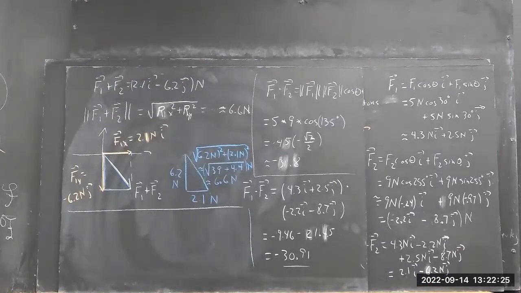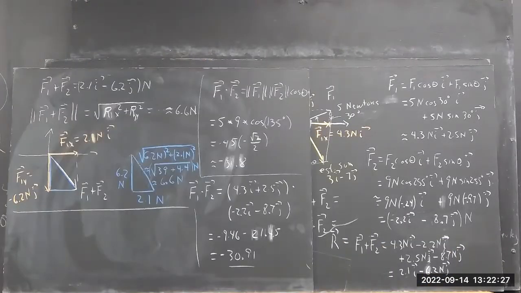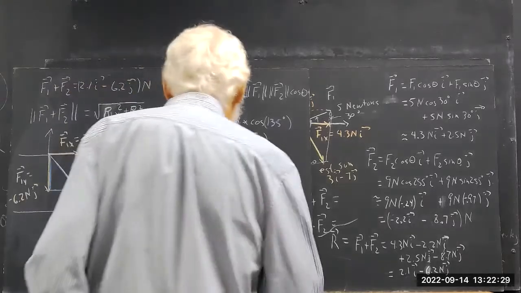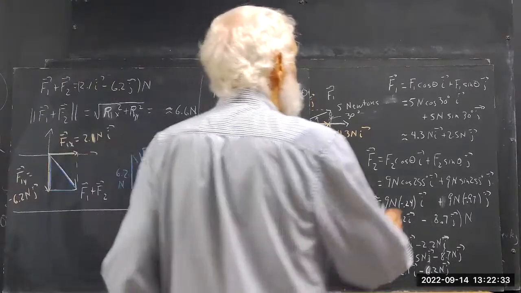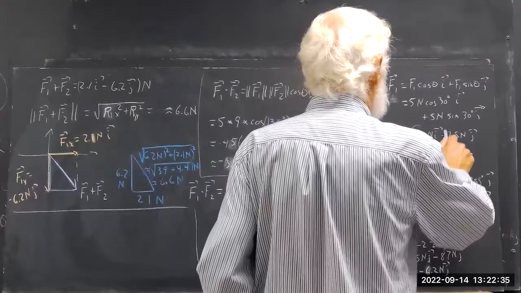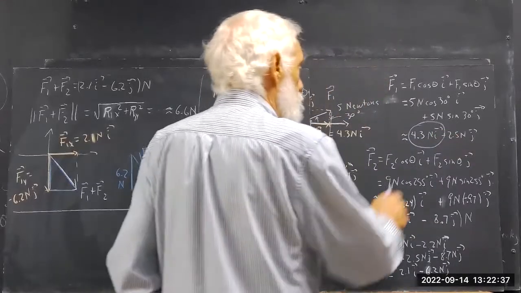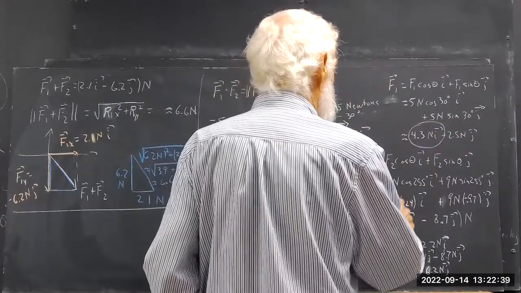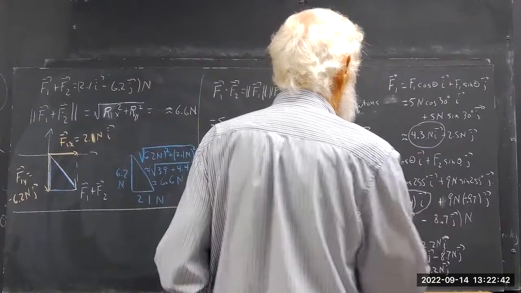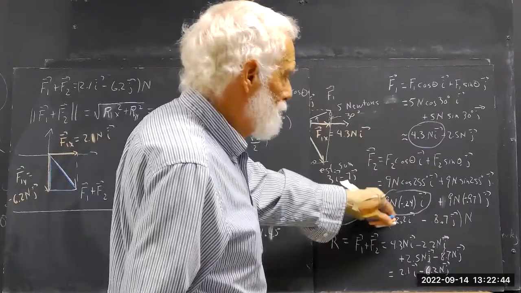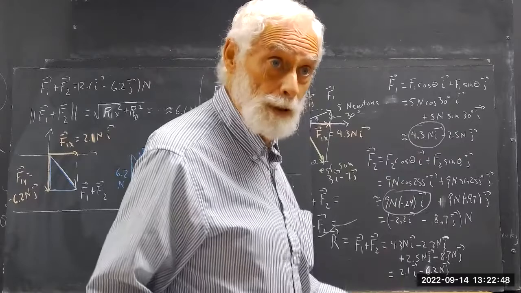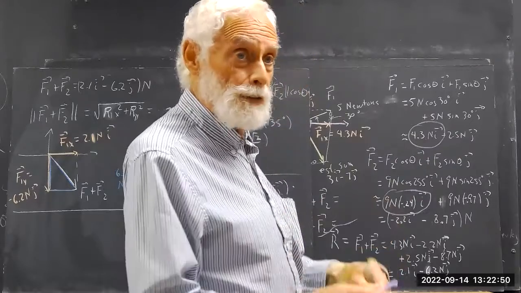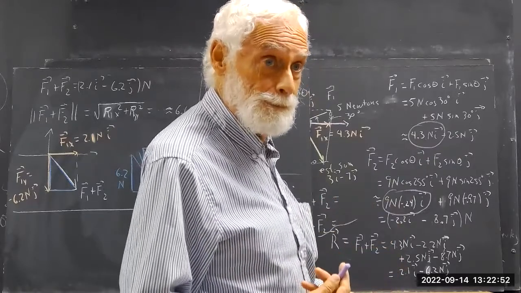Yes, hang on. I wrote something down carelessly that might have caused some confusion. The I component of F1 is this, and the I component of F2 is this. We have to add I components to I components. We can't add I components to J components because, again, I and J are completely independent.